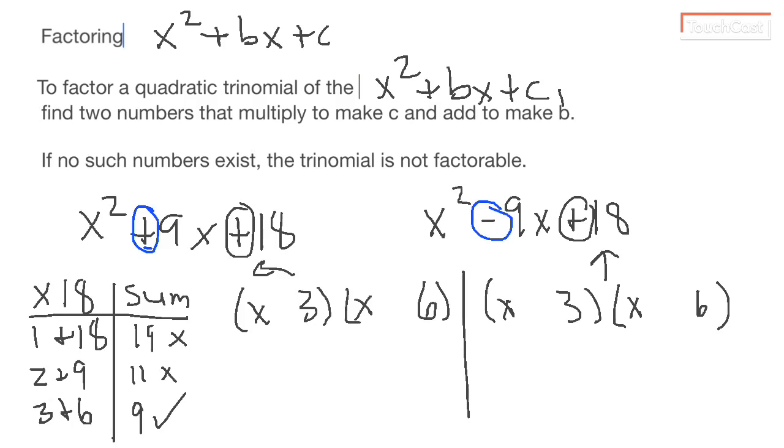So I'm going to put a plus sign into both of these if I have a plus 9. If I have a minus sign, I'm going to put a minus sign in both factors.